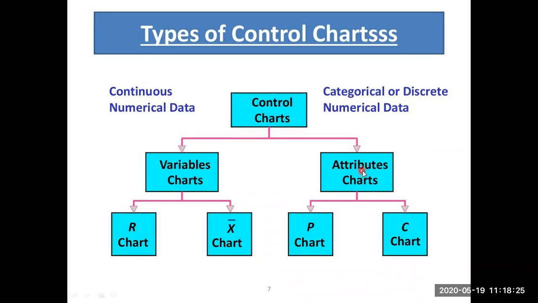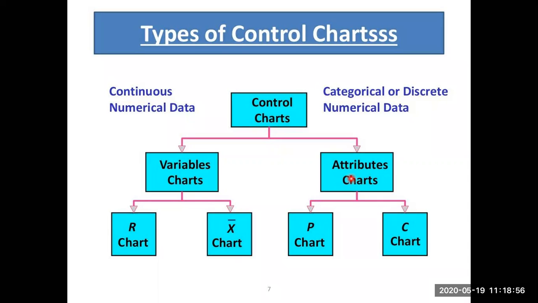What is meant by attribute charts? That which we cannot measure comes under attribute charts. Remember these two points: variable charts mean measurable, and attribute charts mean not measurable. For example, in a bulb factory, you cannot measure the bulb's width or length; you will only test whether the bulb is defective or non-defective.